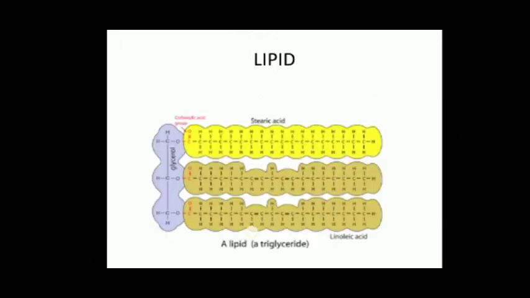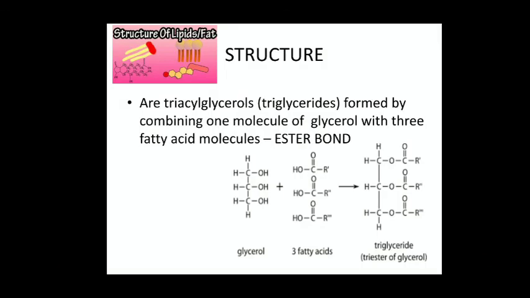This is the molecule of glycerol, and these are three fatty acids. Here you can see the CO bond, the ester bond, one, two, three ester bonds. You just note down one thing: lipids are esters of fatty acids with an alcohol. An ester is formed when an acid reacts with an alcohol.